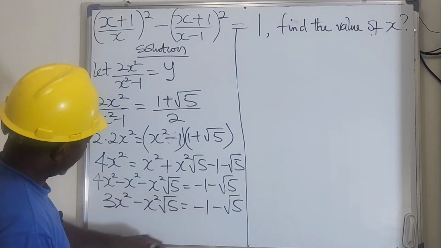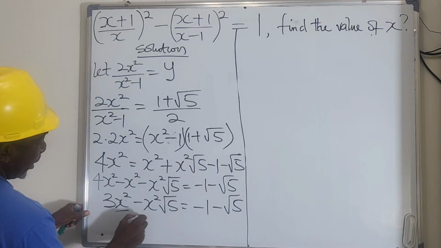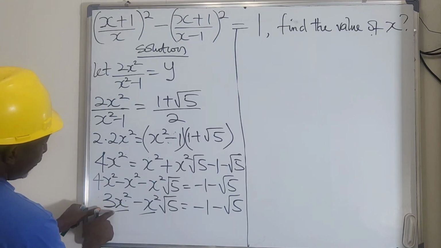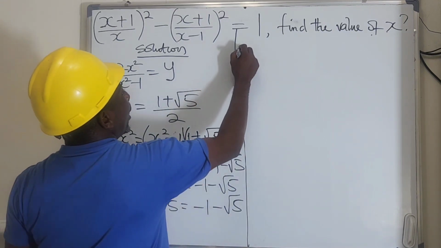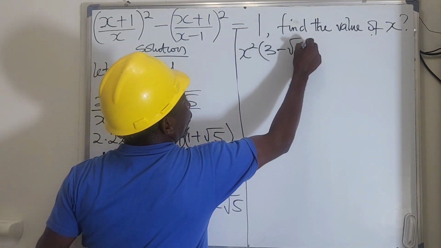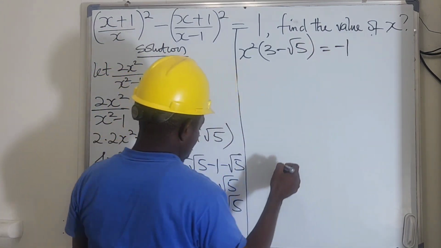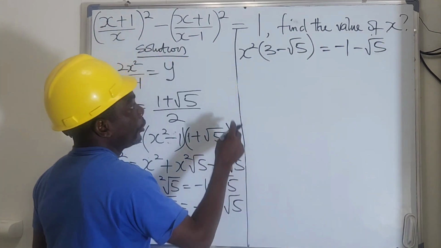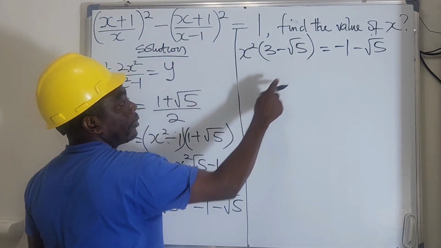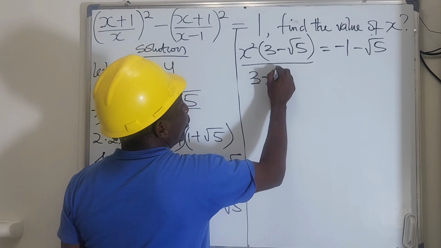We can factorize this, since we have x squared here and x squared here. To factor this out, we have x squared times 3 minus root 5 equals minus 1 minus root 5. Here we can make x squared the subject by dividing all through by 3 minus root 5.